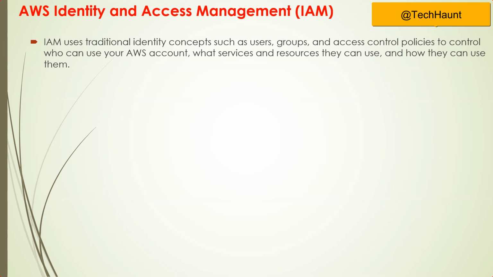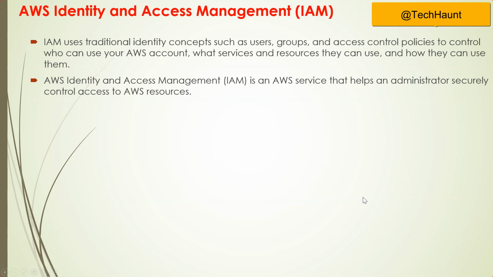The control provided by IAM is granular enough to limit a single user to the ability to perform a single action on a specific resource from a specific IP address during a specific time window.